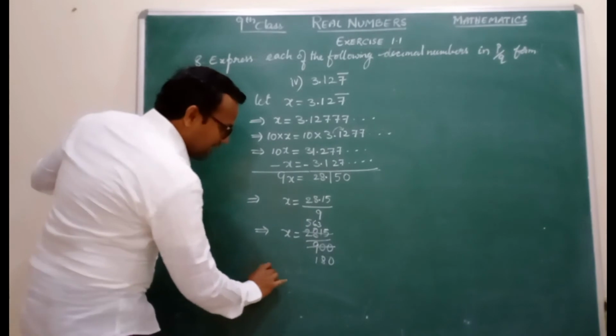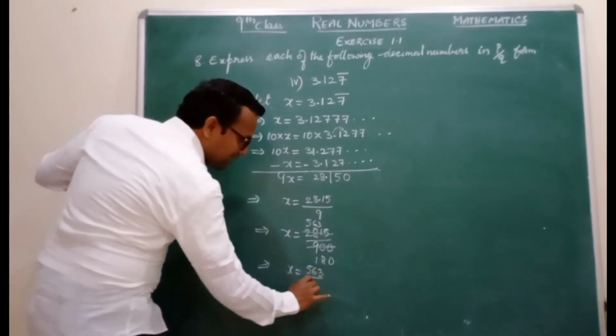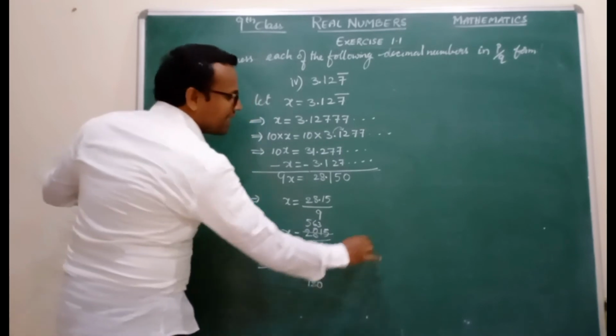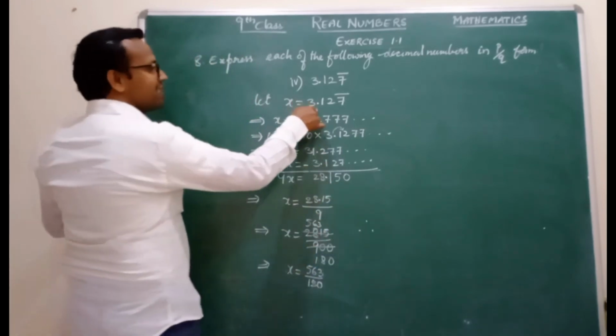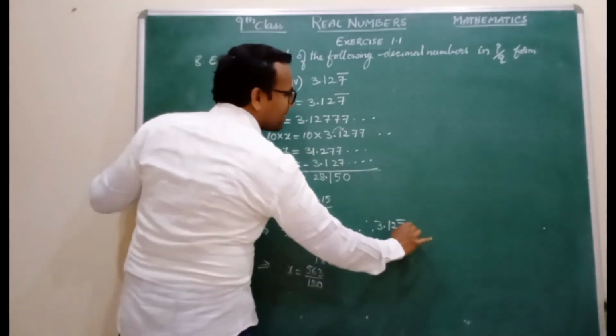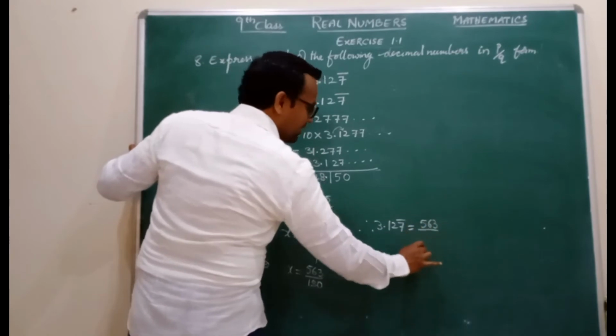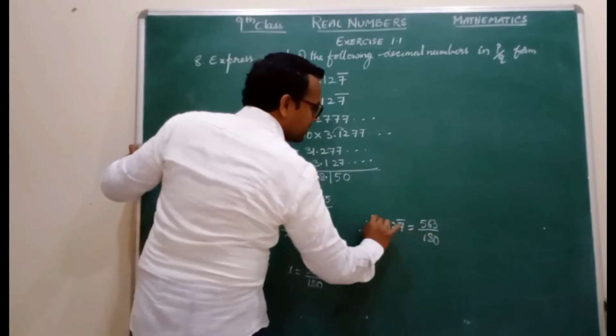So here x is 563 by 180. Therefore, what is x? 3.127 bar can be written as 563 by 180.